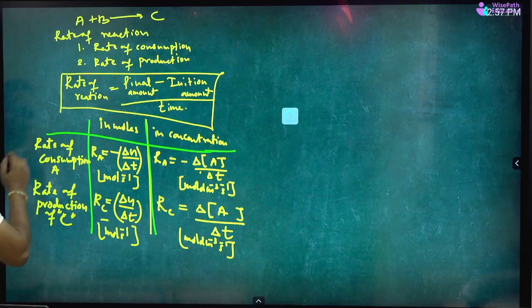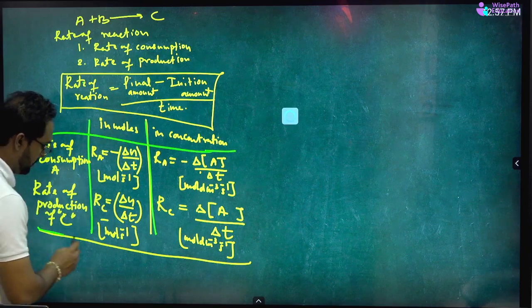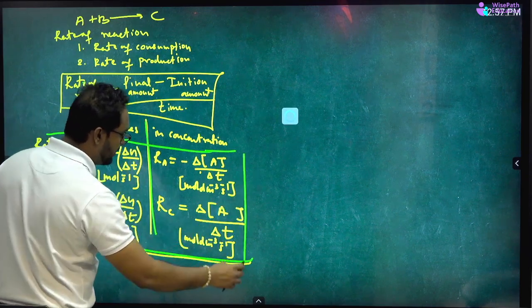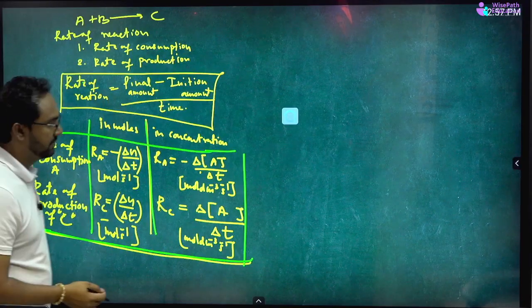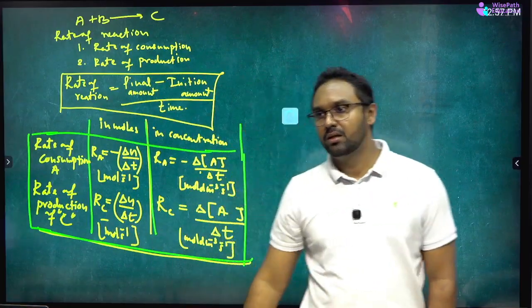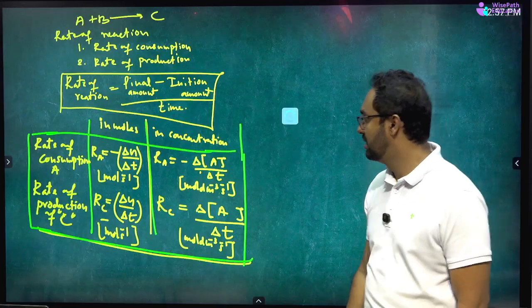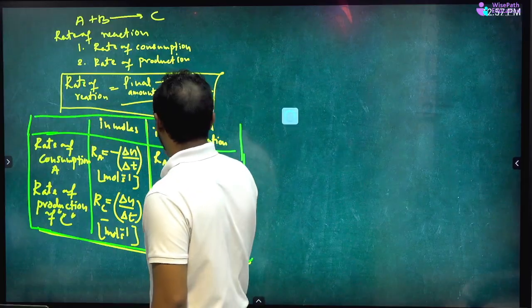Right. These are the two equations that you're supposed to use. It's always final minus initial. So depending on the reaction, you have to put final value minus initial value. Right.